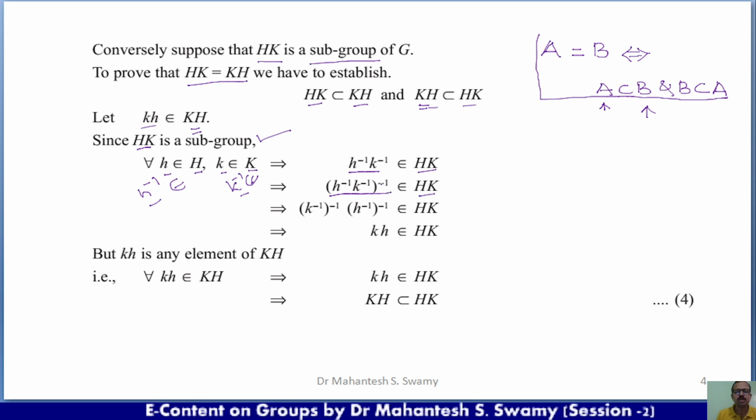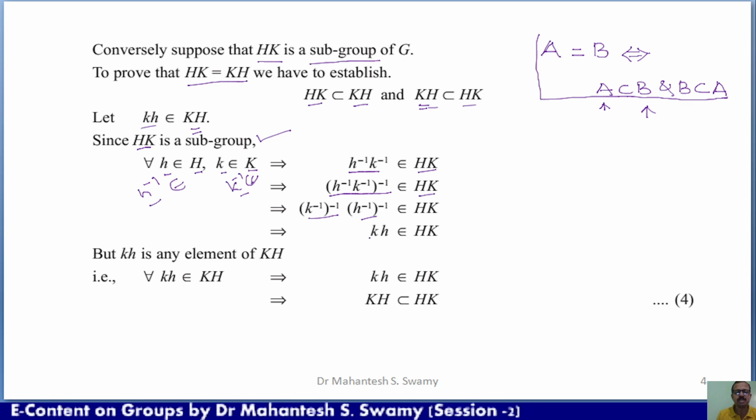Now, according to the reversal law of inverses, the inverse of this product is the inverse of this into the inverse of this. So that is what we have taken here. Now, that should be in HK. The right hand side is being kept as it is. We are simplifying only the left hand side. Now, k inverse whole inverse is k, and h inverse whole inverse is h. So what have we proved? kh belongs to capital HK.